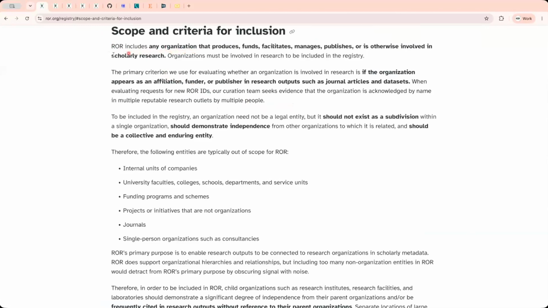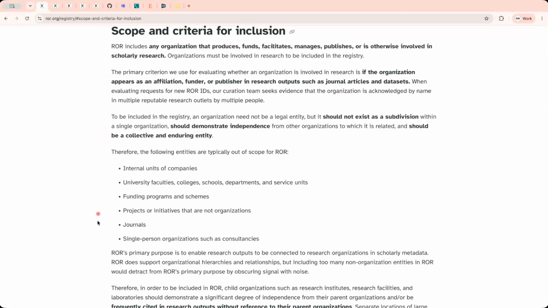In other words, records in ROR represent independent, enduring, collective entities that are involved in the production and sponsorship of research. That includes companies, universities and colleges, government agencies, nonprofits, hospitals, and more.